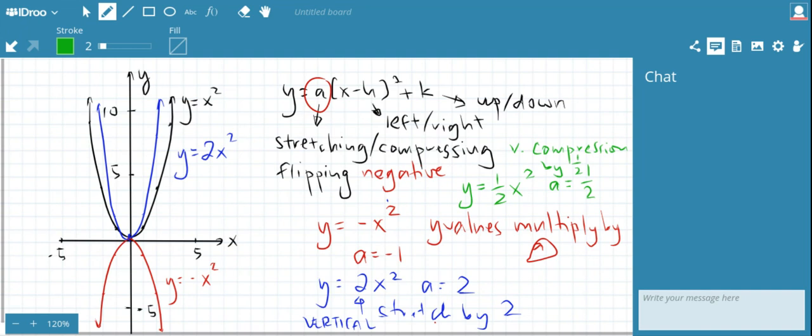So I'm taking, again, my black points, taking the y values, and multiplying them by 1/2. 0 times 1/2 is 0. 1 times 1/2 is 1/2. 4 times 1/2 is 2. And 9 times 1/2 is 4.5, or 9 over 2. So now I've got 7 points on my graph, which is enough because I only asked for 5. Connect the dots in a curvy and attractive manner. This is y equals 1/2 x squared.